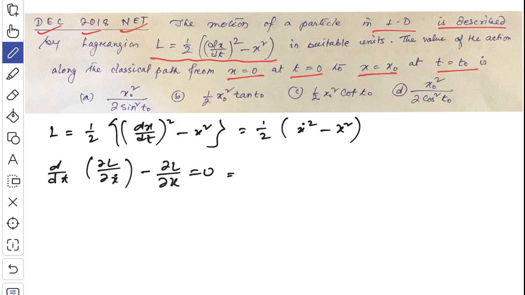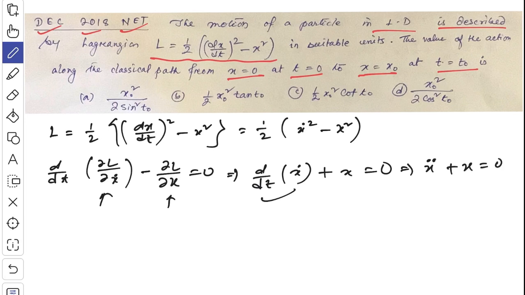If you find this and put it here, you are going to have d by dt of x dot plus x is equal to 0, which implies x double dot plus x is equal to 0.